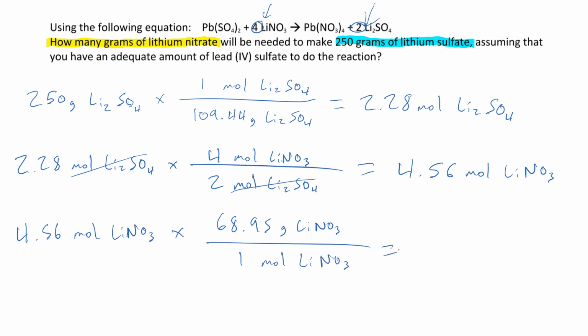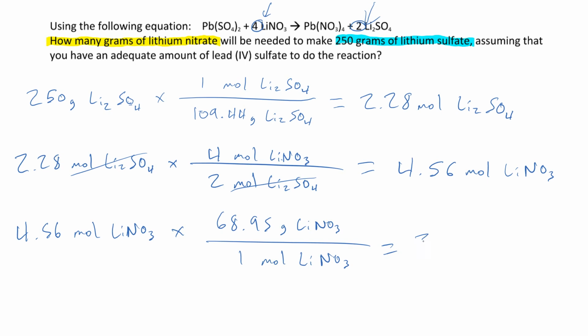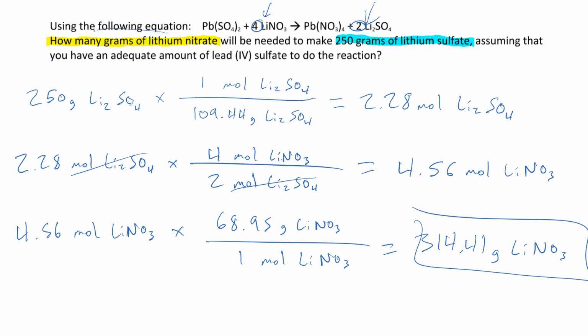And with that, you run it into the calculator, 68.95 times 4.56, and this gives us a whopping 314.41 grams of lithium nitrate. And that, ladies and gentlemen, grams of lithium nitrate is the answer we were looking for.